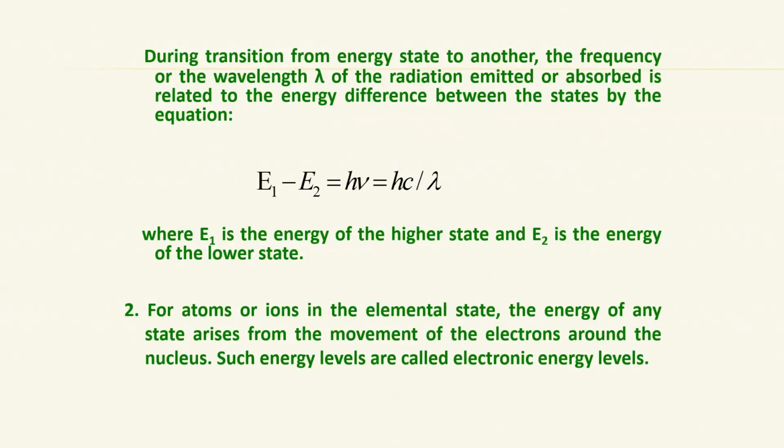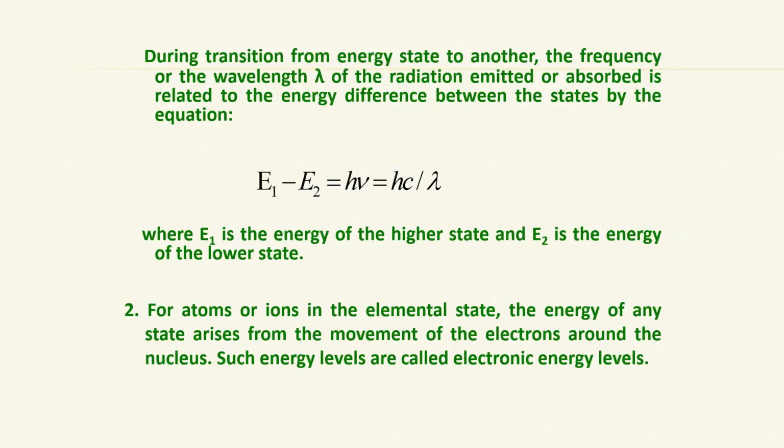Another one is, during transition from one energy level to another, the frequency or wavelength of the radiation emitted or absorbed is related to the energy difference between the states. So, I can write E1 minus E2 is equal to h nu or hc by lambda, where E1 is the energy of the higher state and E2 is the energy of the lower state.